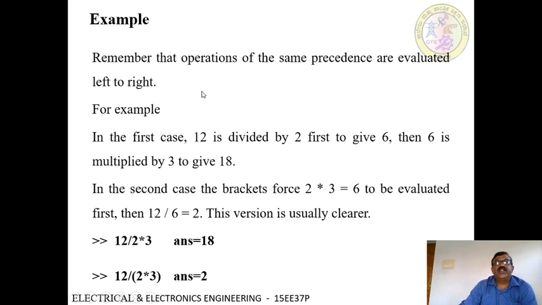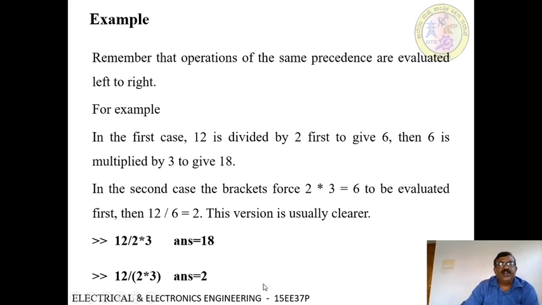Even with parentheses or exponential form, it is carried out from left to right, but the content within the parenthesis will be evaluated first, then the exponential form, and then the equation is carried out from left to right.